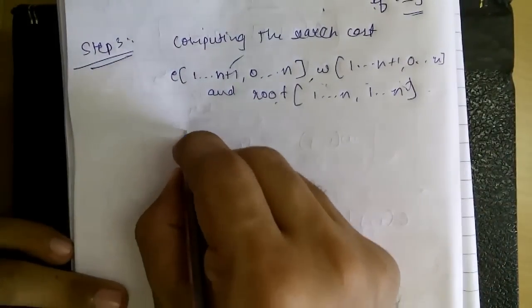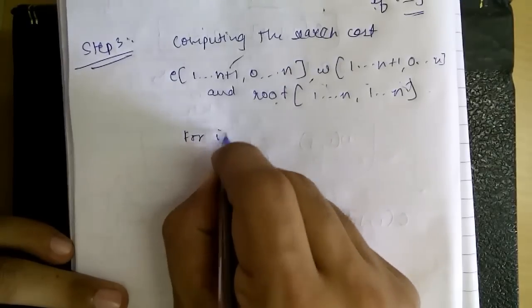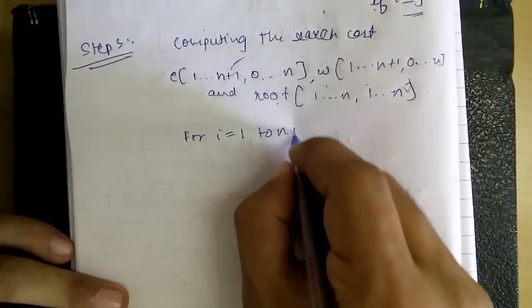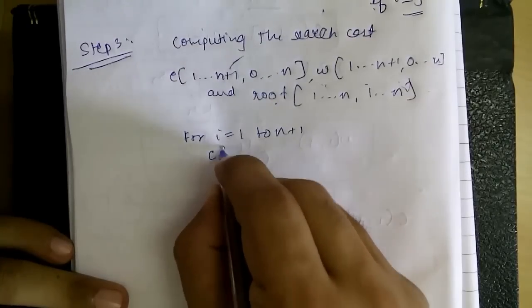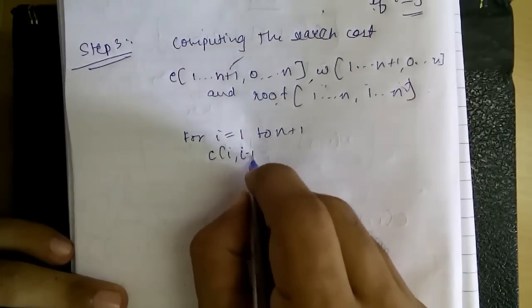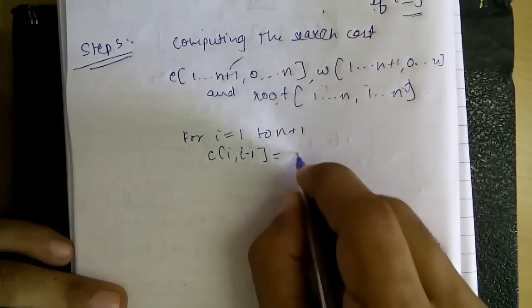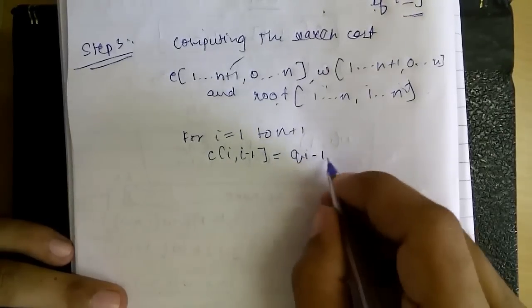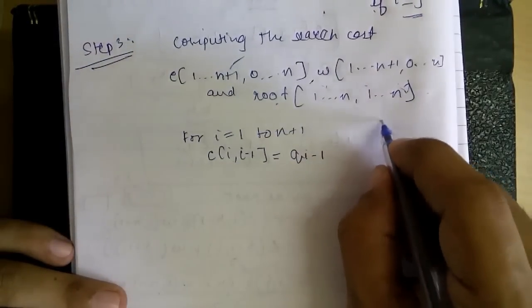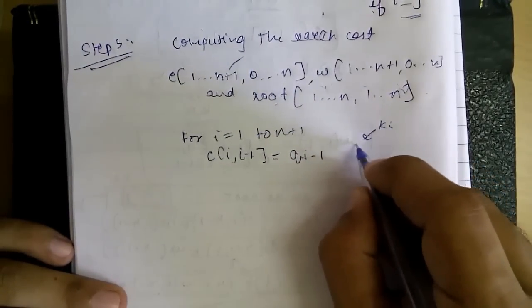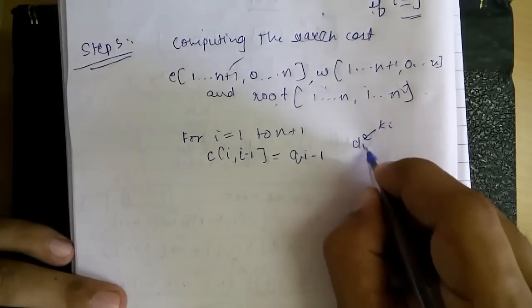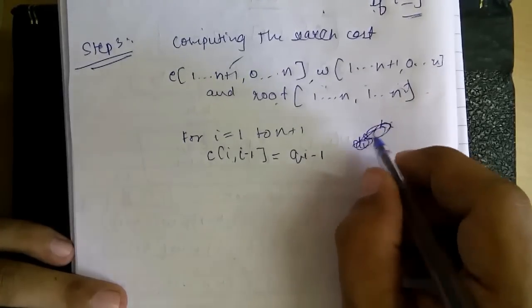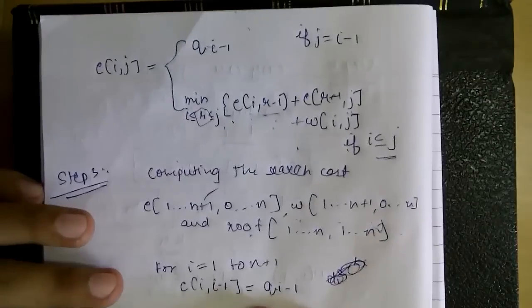So starting our algorithm, for i equal to 1 to n plus 1, we first initialize them with the easy case, with just the probability of the dummy keys, that is, before this k i there is just d i minus 1 where there is no key, as it is the easy case.